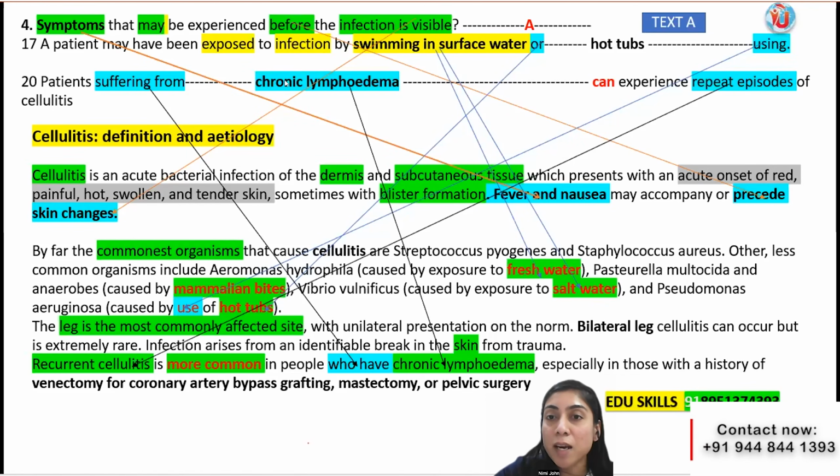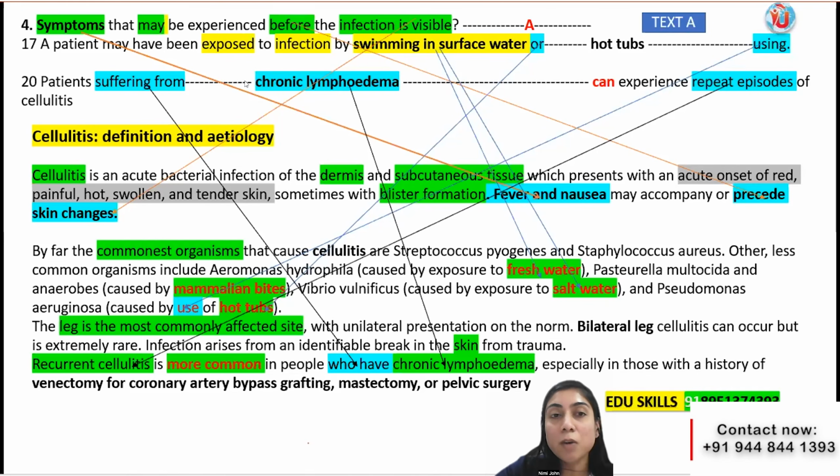Fever and nausea. Did you see, fever and nausea may accompany or precede skin changes. Here the before, you see, is the synonym precede, come before. If there is infection, the skin changes will come. So before the skin changes, the patient may have fever and nausea. These are the symptoms. Yes, that is correct.